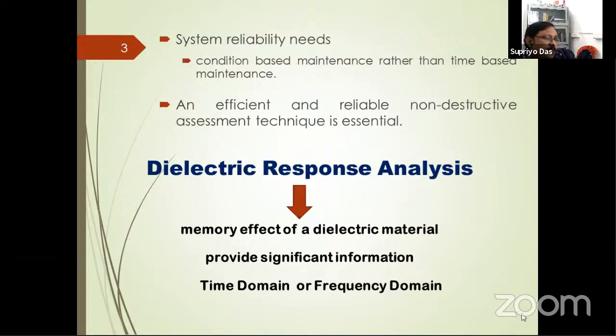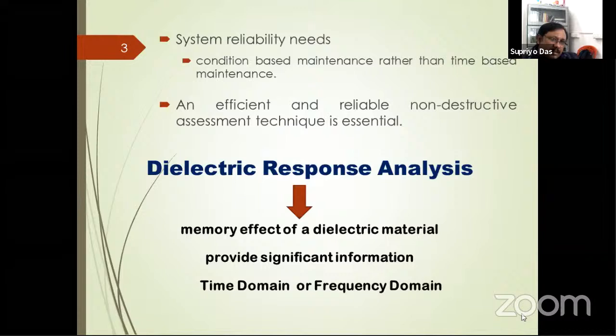So, if we are looking for a reliable system, then we need condition-based maintenance rather than time-based maintenance. Because time-based maintenance means that once a cable gets damaged, then only we go for repair or maintenance.